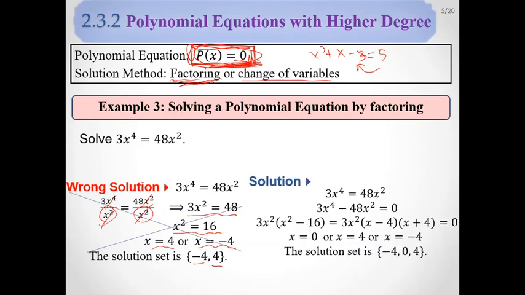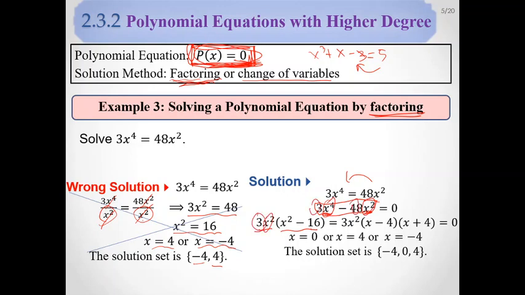Let's see what's wrong. You have to use factoring. When you use factoring, you end up with x squared here and x to the 4th there. Send it over as minus, and in the factoring you will see 3x squared minus 16x to the 4th, with x squared common and 3 common.